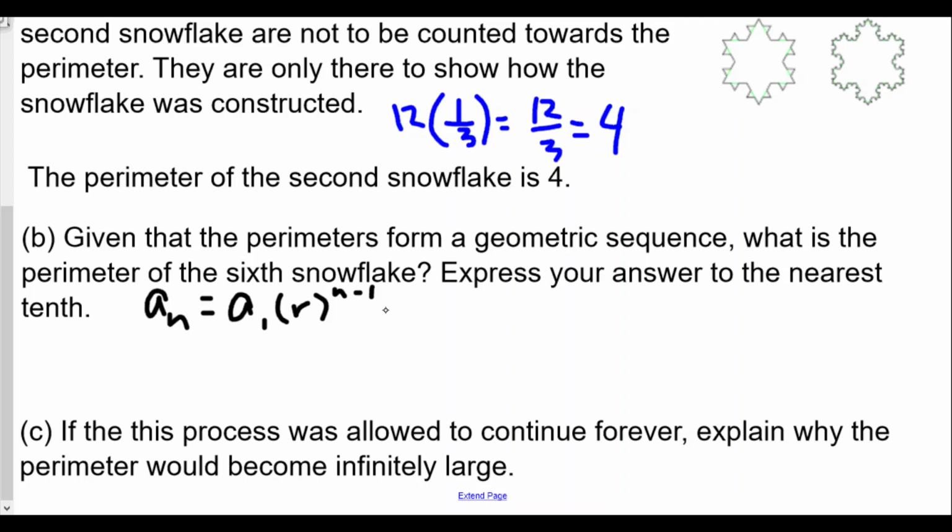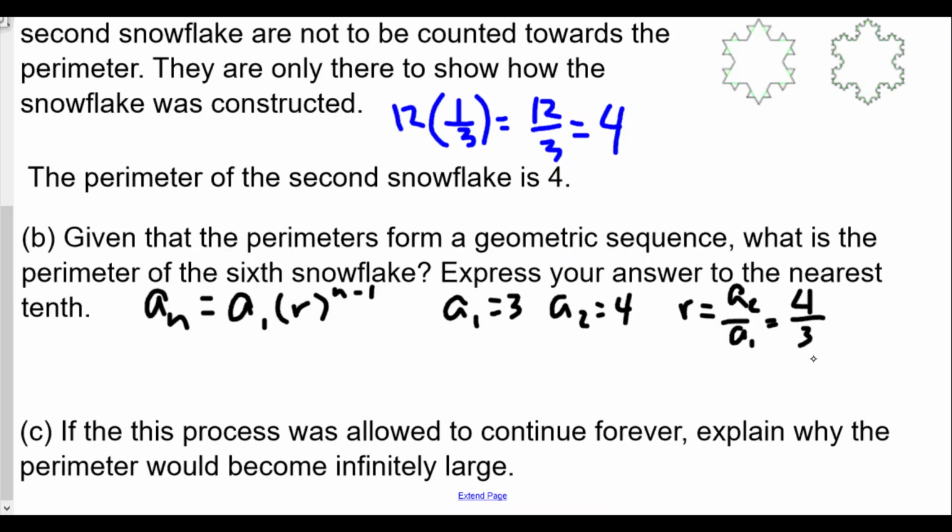Okay? And we know our, well, how do we find our R value? Well, the first term was 3. So A1 is 3, so we have that. And A2 is 4. Our ratio can be found by taking A2 over A1, and therefore our R value is 4/3.